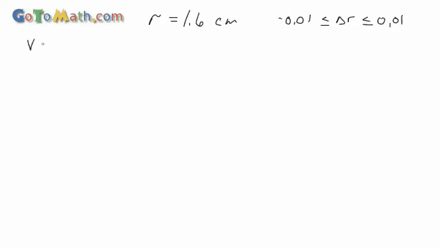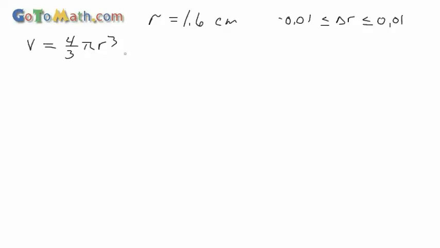So we're going to consider this to be a sphere. We need to know the formula for finding the volume of a sphere. Remember, volume is equal to 4/3 pi r cubed, where r is the radius of the sphere.